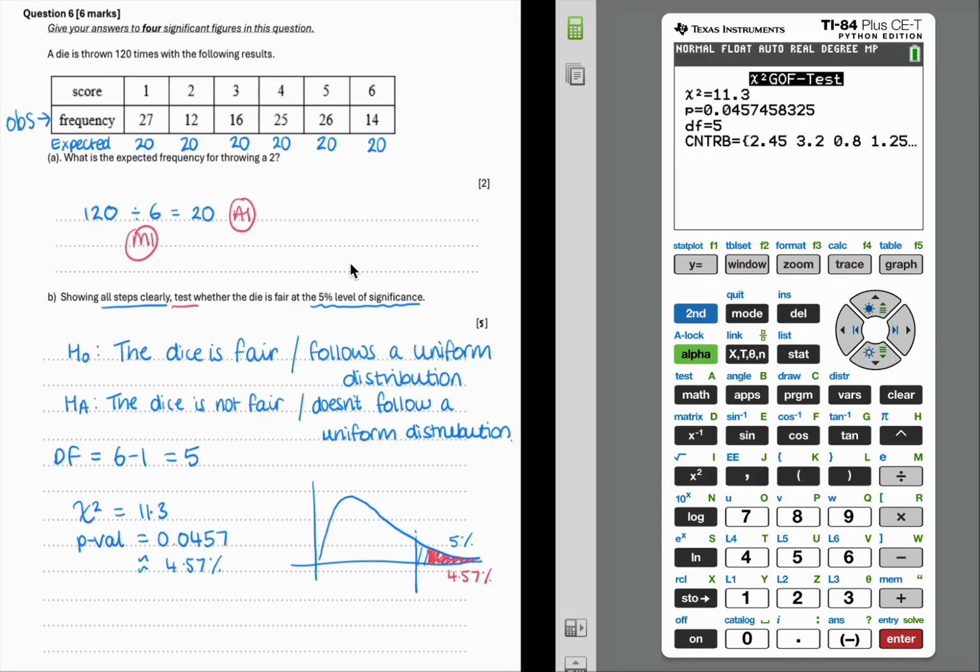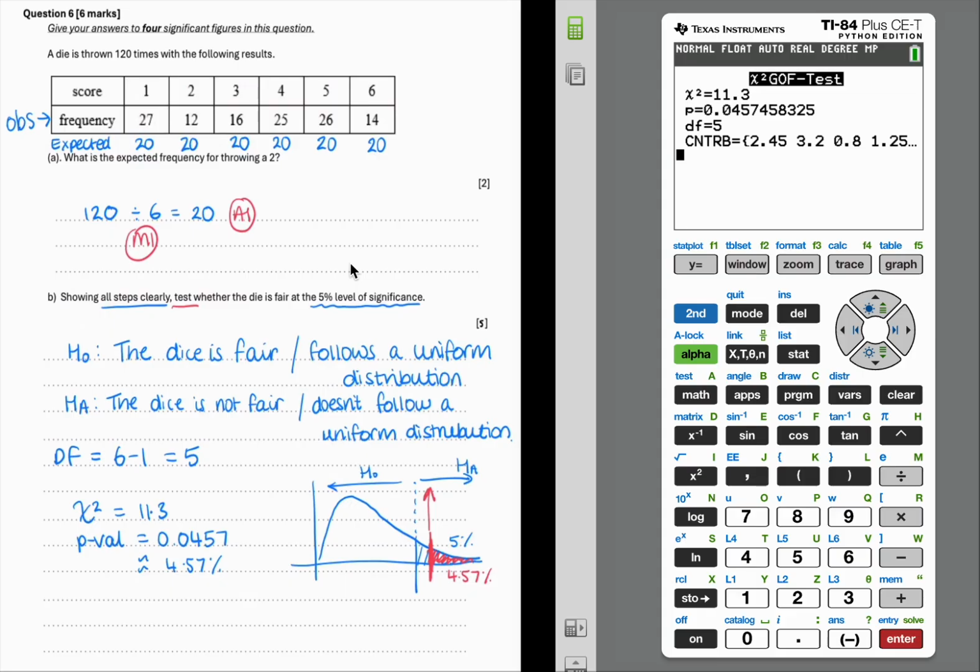Now the significance level, the 5%, is what tells me whether I take the alternate or the null hypothesis. If my area is less, that's suggesting that I'm in the alternate hypothesis.